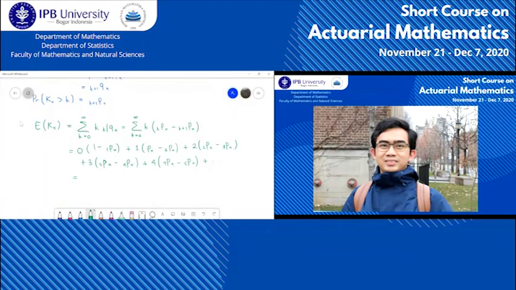The 1 px minus 1 px term is 0. The coefficient of px is 1, so we get px. 2 times 2px minus 1 times 2px is 2px. 3 times 3px minus 2 times 3px is 3px. 4px minus 3 4px is equal to 4px, and so on, 5px.